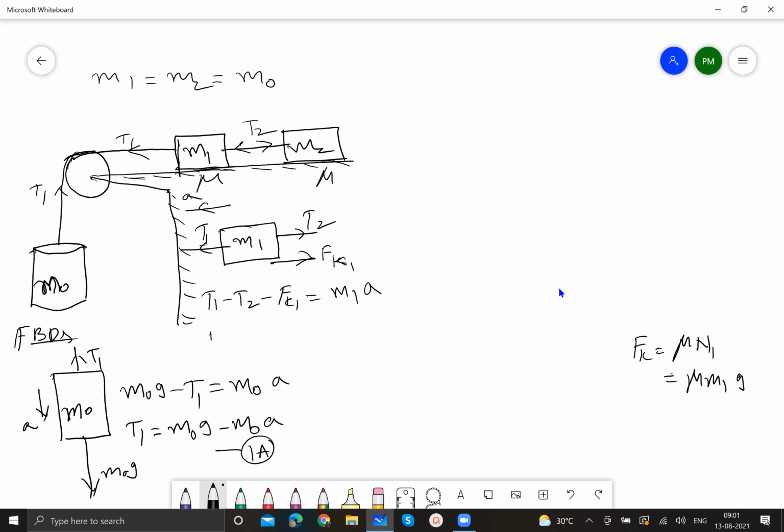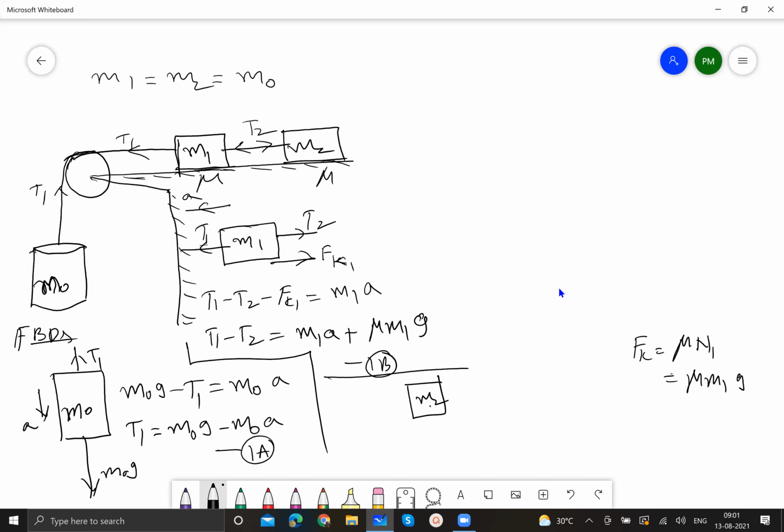So T1 minus T2 minus Fk1, you take it that side: M1A plus mu M1G. You call it equation 1B. Next, let us try for M2. This is T2.